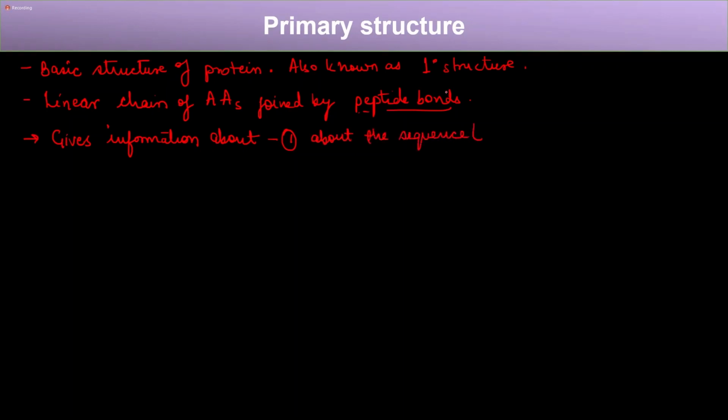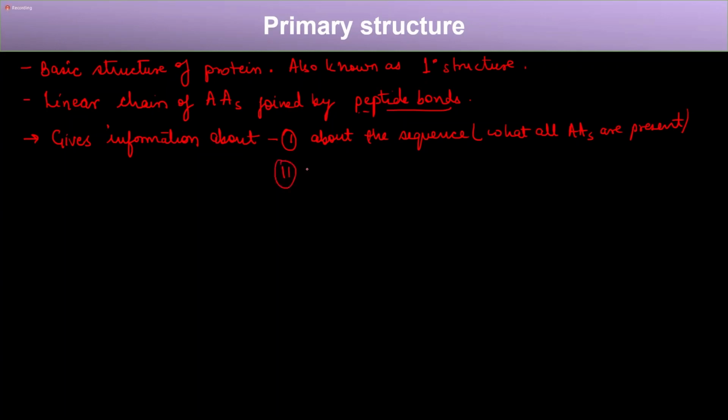By sequence, I mean what amino acids are present in that chain, or we can say what amino acid this protein is rich in. All this information we can get from the primary structure.